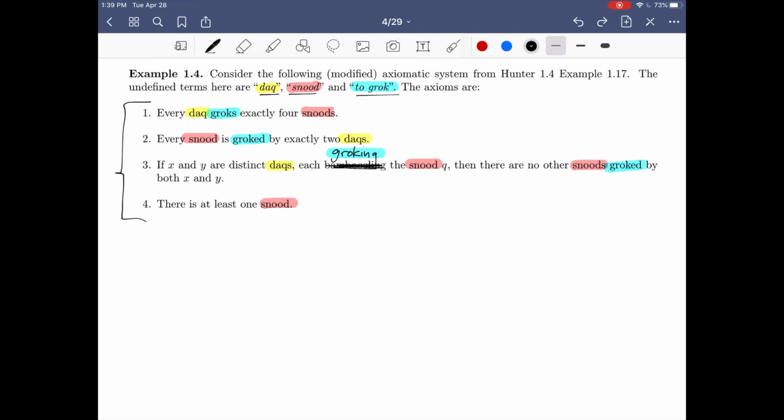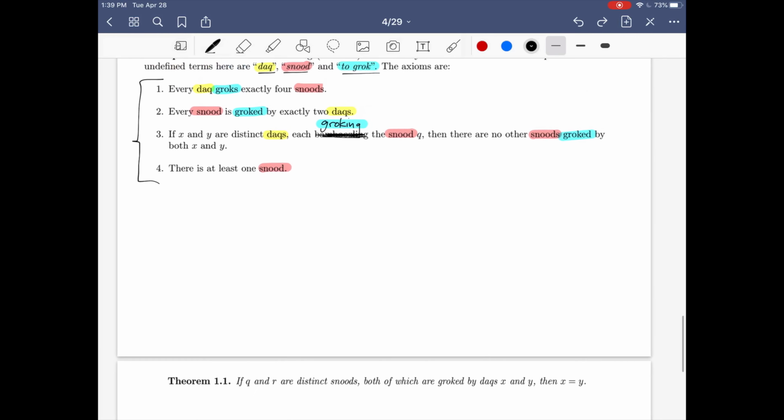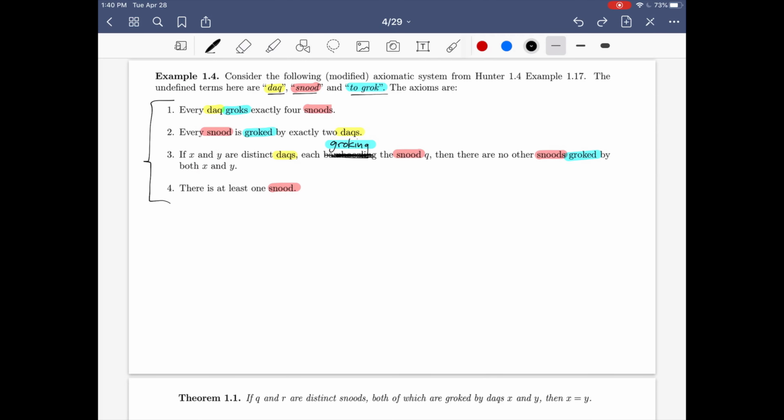So actually just using this axiomatic system, we can come up with a theorem that says that if Q and R are distinct snoods, both of which are grokked by daks x and y, then x and y actually have to be the same. So here's that written out at the bottom.